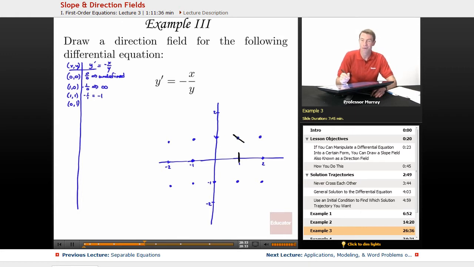So I draw a line with negative slope there. The point 0, 1, if I plug that into negative x over y, I get negative 0 over 1, which is 0. Let me do some more points there.